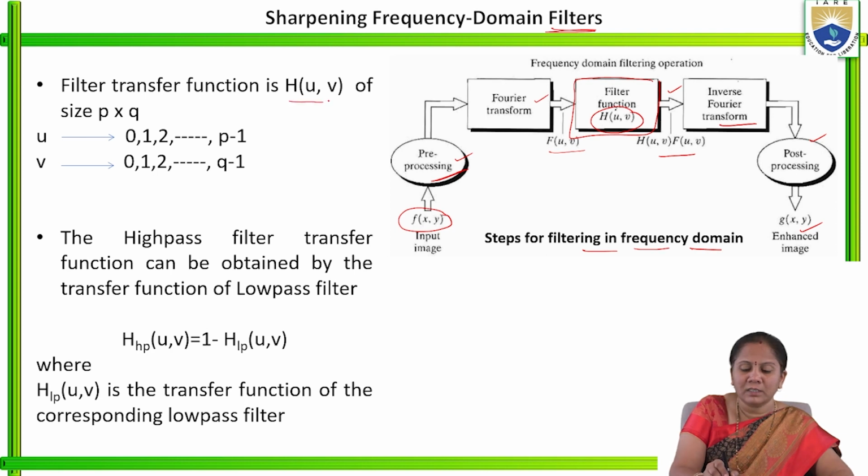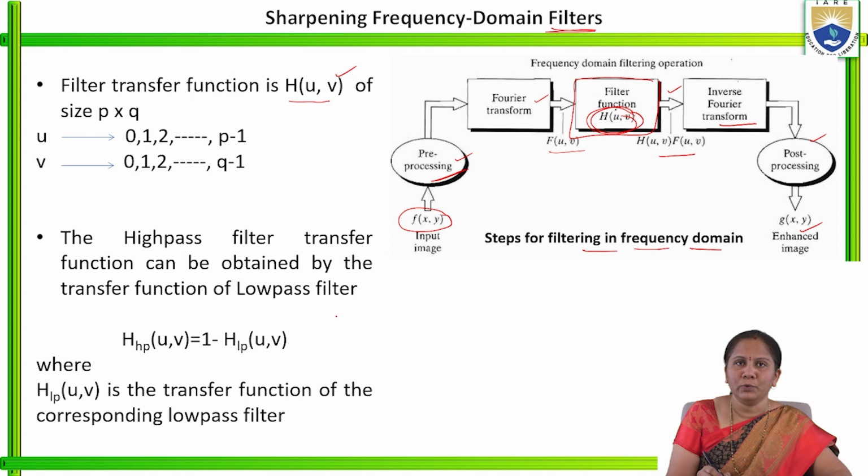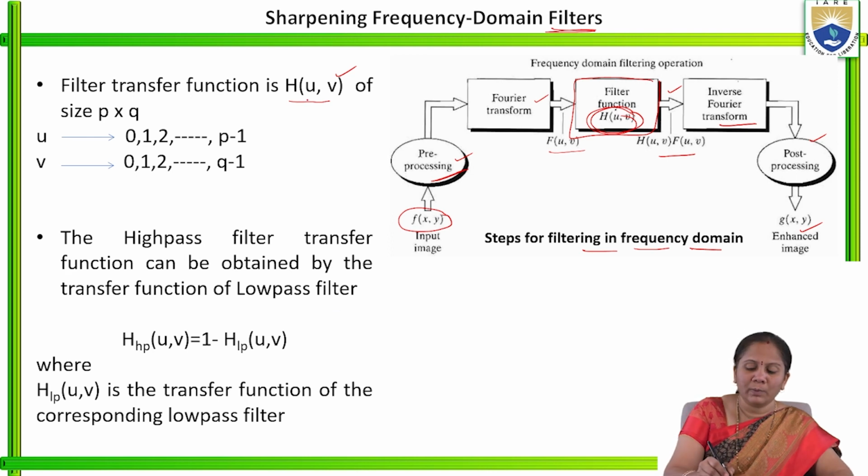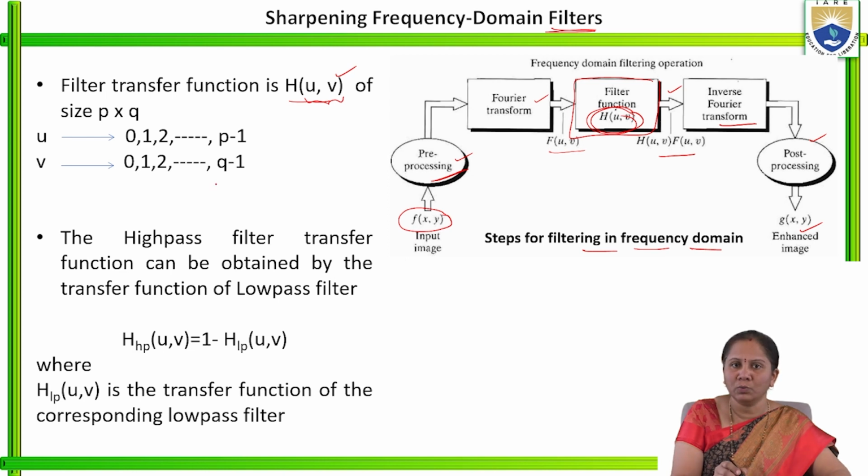Now consider the filter transfer function is H of u comma v. So what do u comma v mean? U will range from 0, 1, 2, and so on up to P minus 1, and v will range from 0, 1, 2, and so on up to Q minus 1. So what are P and Q?